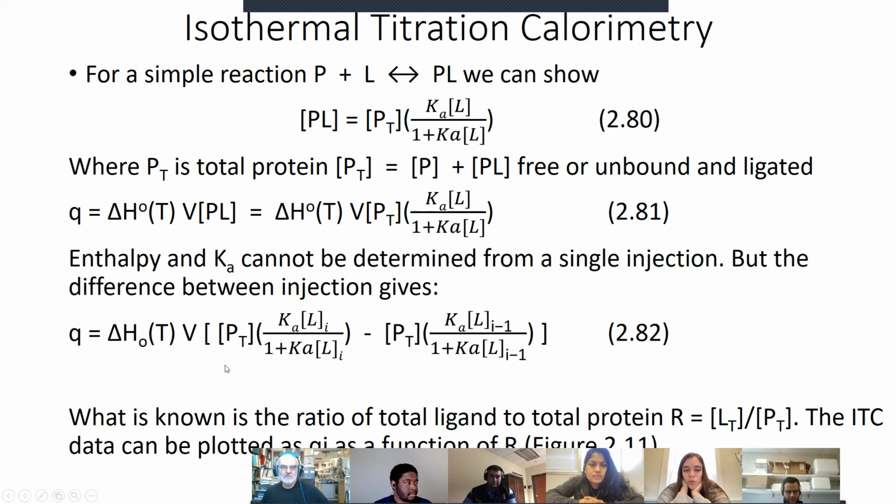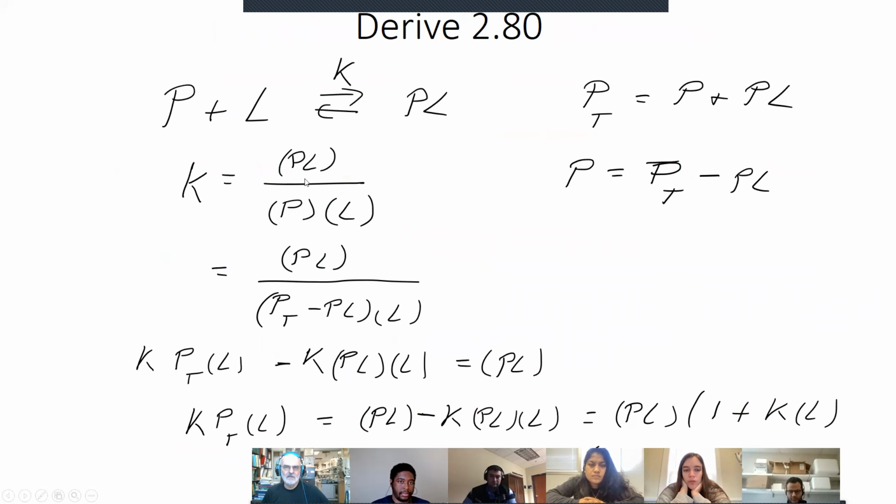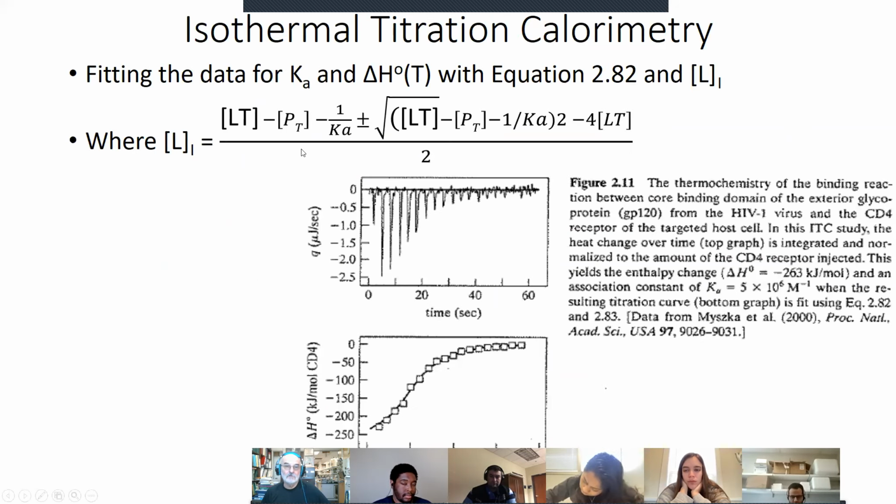And so this basically shows you a way of going about how you derive this. I think on the next slide, I actually show you how this is derived. And I'm not going to go through all of that because I'm showing it to you.